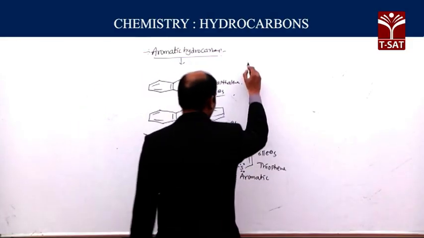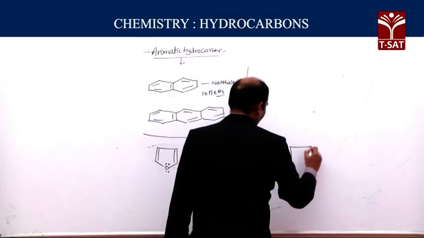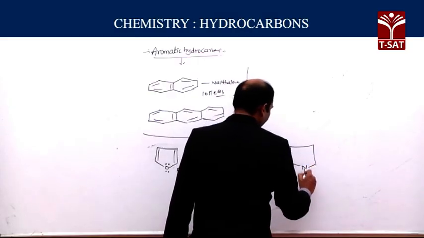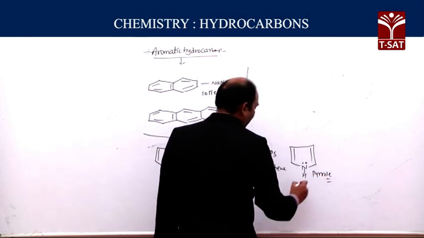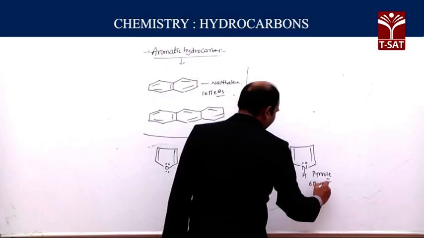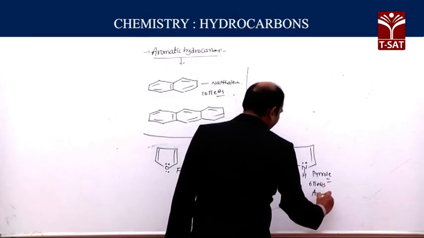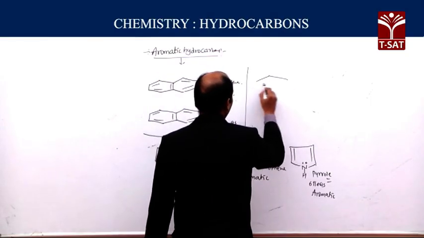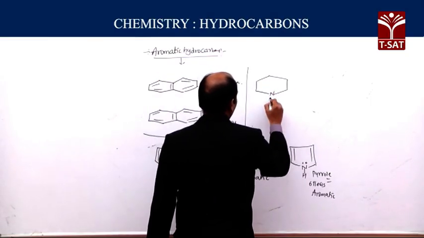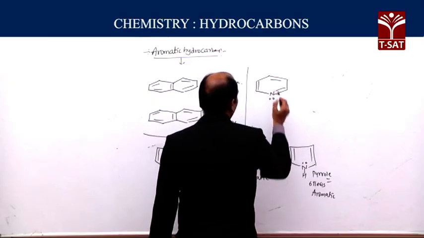Next, this is pyrrole. Here also we have 6 pi electrons, so this is also aromatic. If you take pyridine, we have double bond, double bond, double bond.